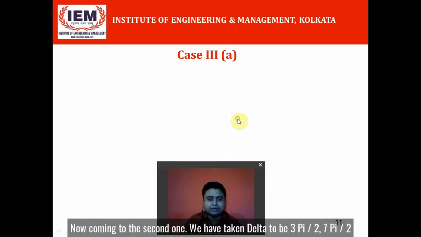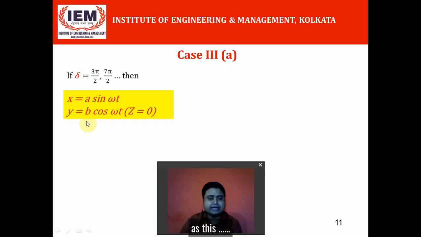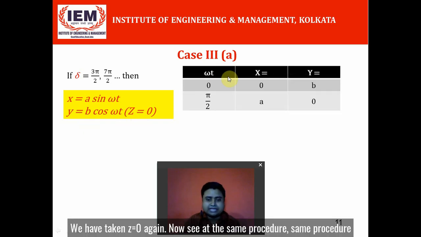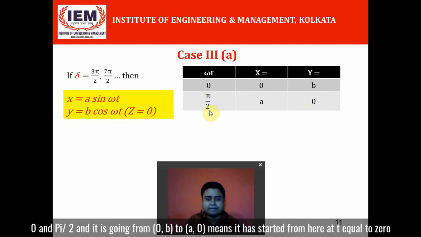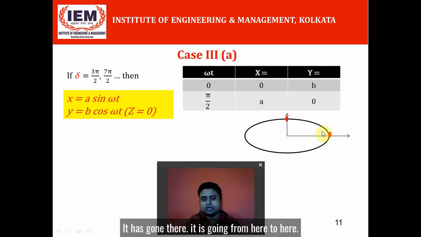Now coming to the second one, we have taken delta to be 3 pi by 2, 7 pi by 2, like this. Then you get the amplitudes as a sin omega t, b cos omega t. We have taken z equal to 0 again. Now see, with the same procedure we have taken omega t equal to 0 and pi by 2, and it is going from 0 b to a 0. It means it started from here at t equal to 0, and at omega t equal to pi by 2, it has gone there.